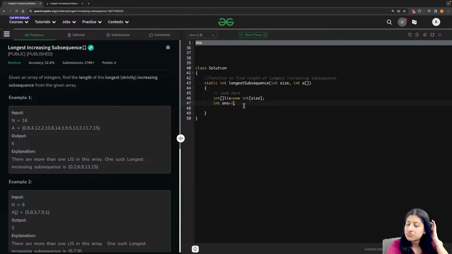The reason being, you know that the minimum subsequence will be of length 1, by taking just one integer from the array. And let's fill this lis with 1 using Arrays.fill. That means I am pre-filling this array with 1 everywhere, which tells me the minimum answer possible. At least a subsequence of length one is what you are going to get.